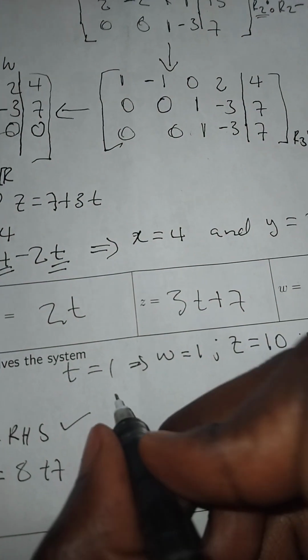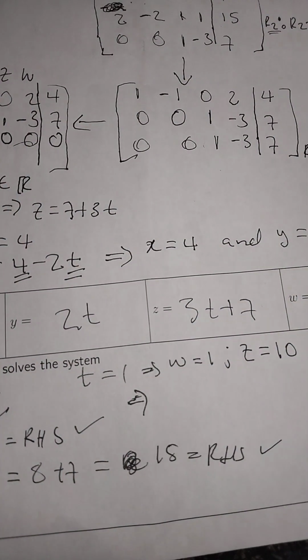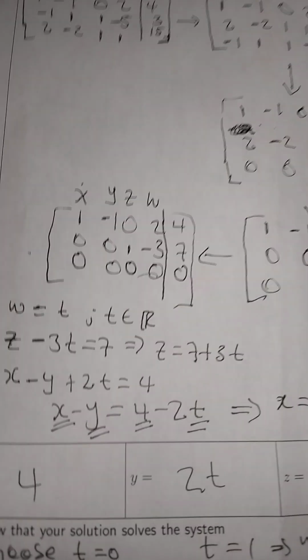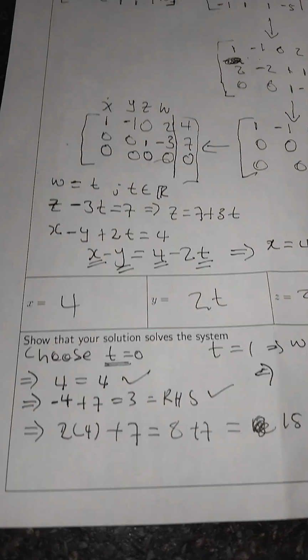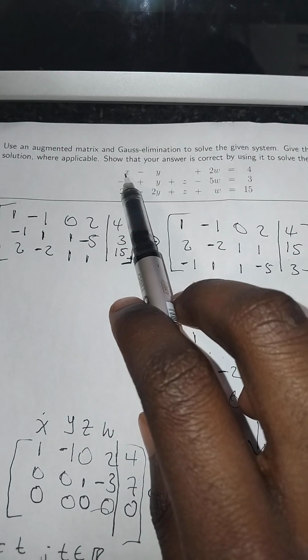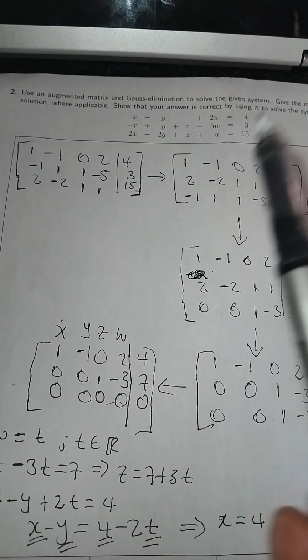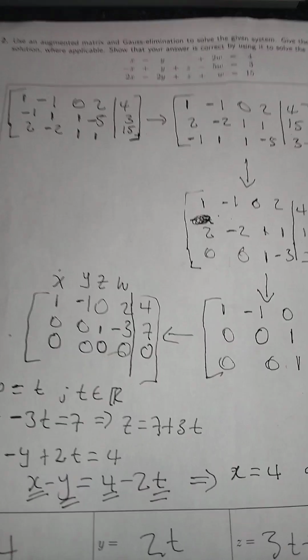So let's see from the first equation what is going to happen. We have x minus y plus 2w, and we want it to be 4.